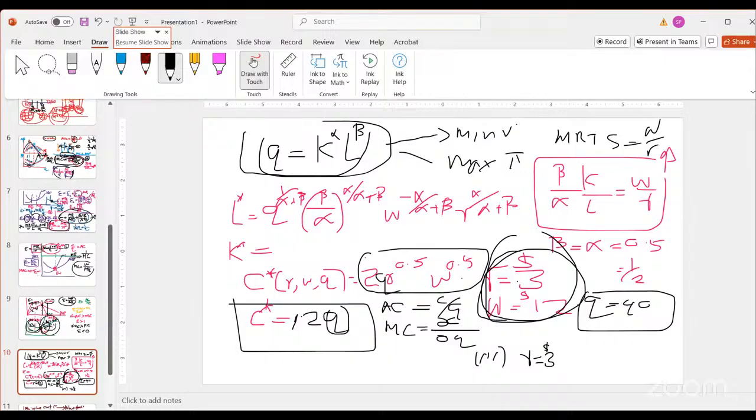Let's say the government imposes a heavy tax on wage earners, that increases it 100%, it becomes 24. What will happen to the average cost? What will happen to the marginal cost? How much is the total cost to produce the output? So this kind of question, most probably the same question I will give in the final exam.